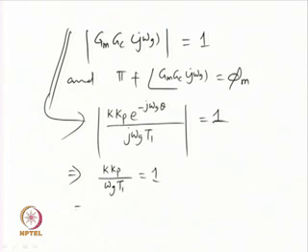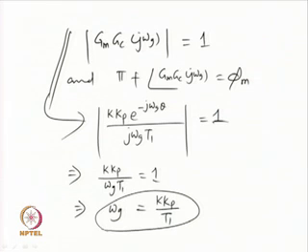Next, omega g will be equal to K Kp by T1. So, omega g equals K Kp by T1. This is what you get from the gain condition.